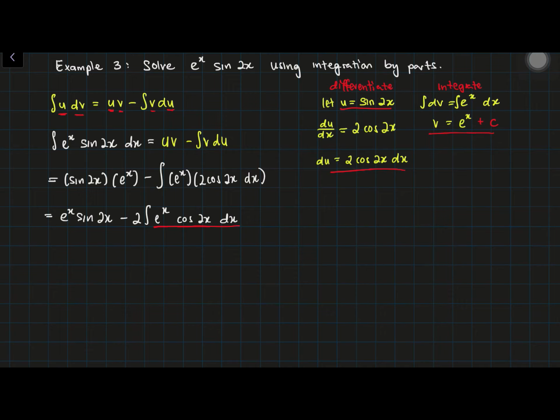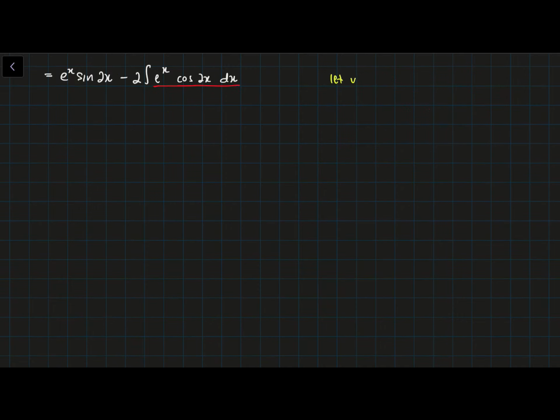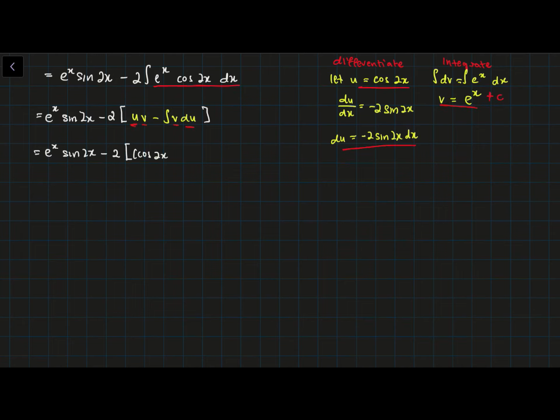So let's go ahead and do that. To avoid the fractions, we are going to let u be cos 2x and dv be e to the power of x dx. We will differentiate the left side and integrate the right hand side. We can perform integration by parts by substituting the new terms into uv minus integral of v du.